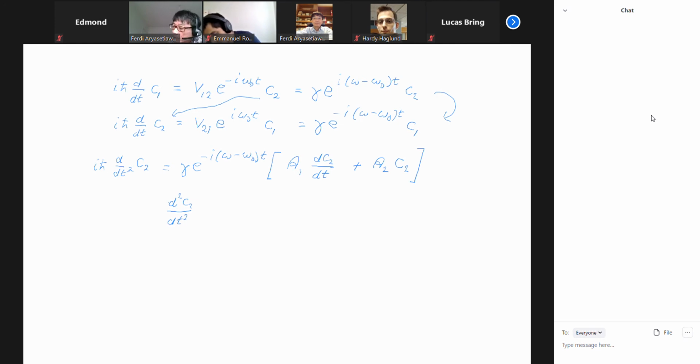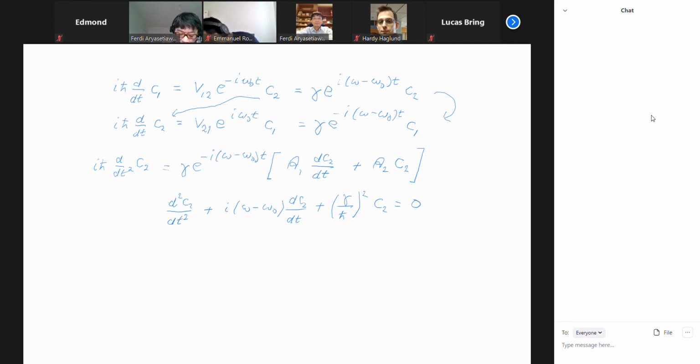So let's write that down. That becomes, and then we have the derivative in t, plus gamma over h bar squared times C2 is equal to 0. So this is a standard second order differential equation in time. And as you know, we make this ansatz.